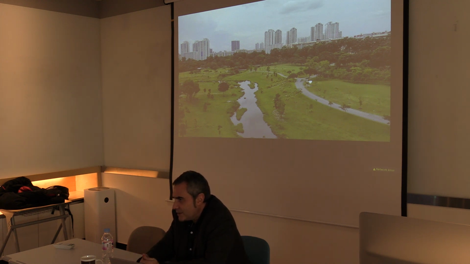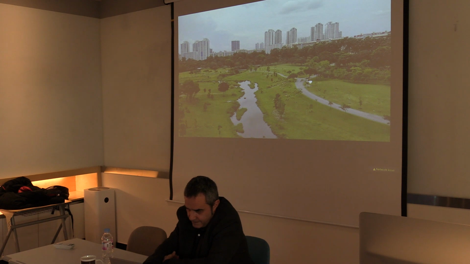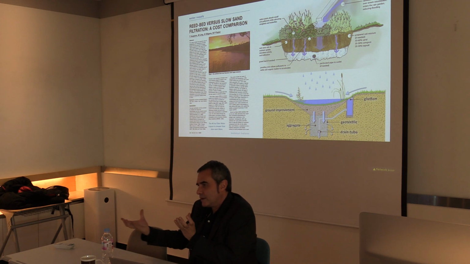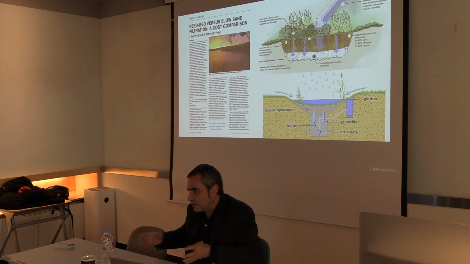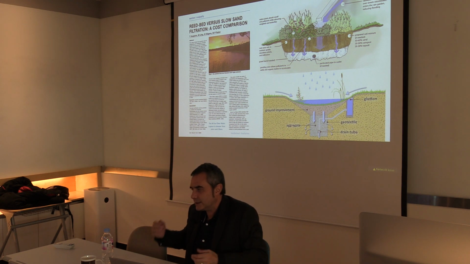But is there something happening in Gangnam? I mean, in terms of urban planning, are they planning to use this kind of, how do they call them, reed beds? This kind of vegetation channels along the sidewalks or along the road that collect the surface water and treat it.